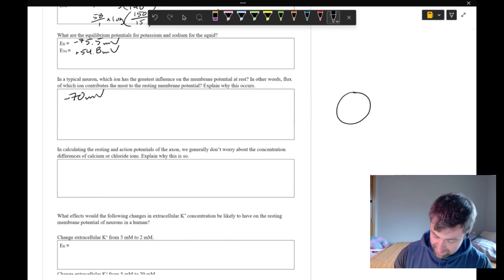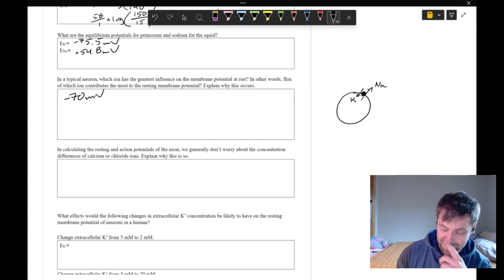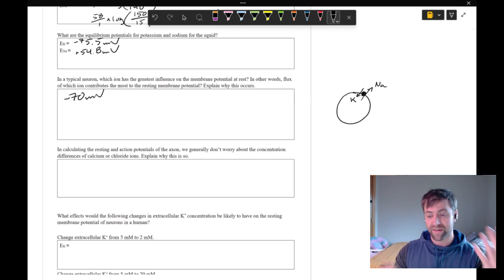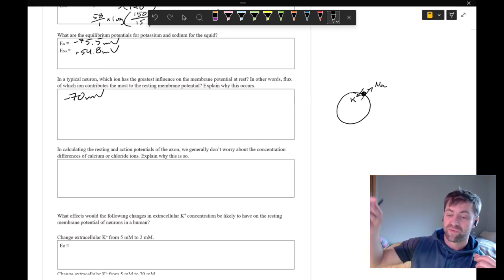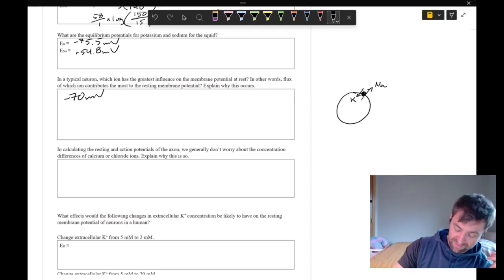But in our axon, we have these cells which regulate the movement of sodium and potassium. And the reason that we have this is we are moving them against their concentration gradients. Remember, we were talking about osmolarity, and this is true for ions as well, where they always want to move from areas of high concentration to areas of low concentration.